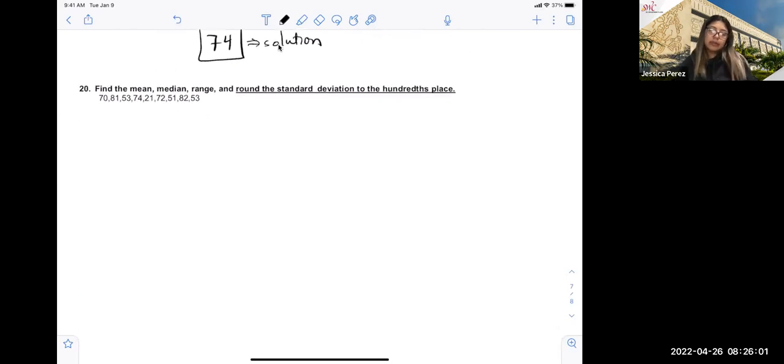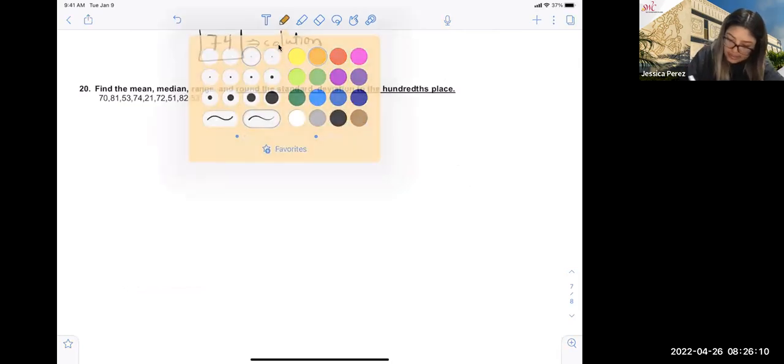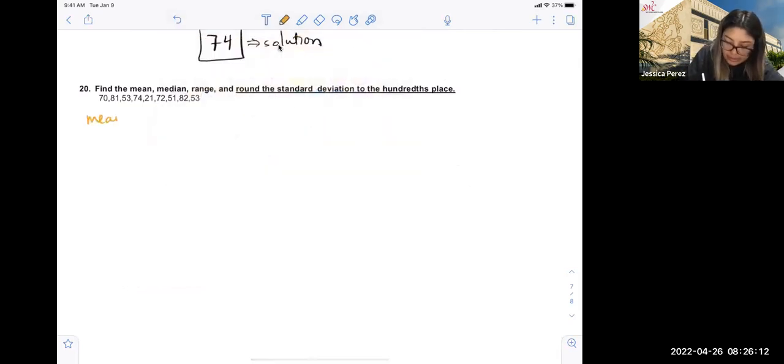Now find the mean, the median, the range, and round the standard deviation to the hundredth place. So here, to find the mean, first I'm going to write this in order.